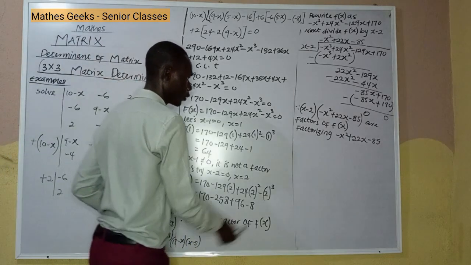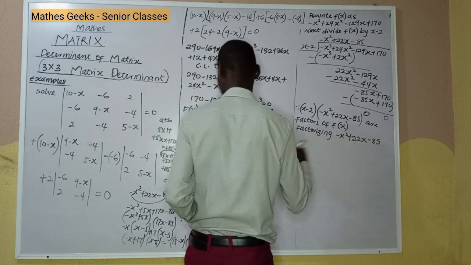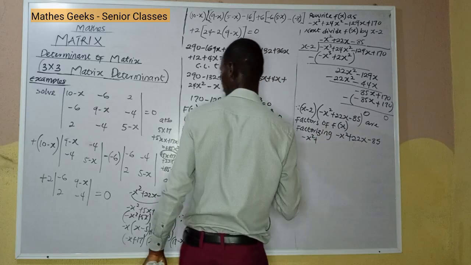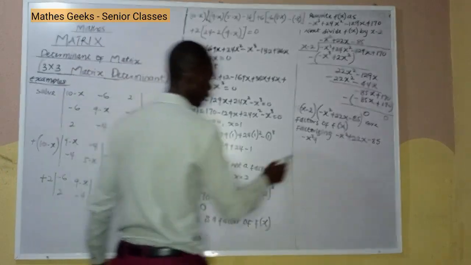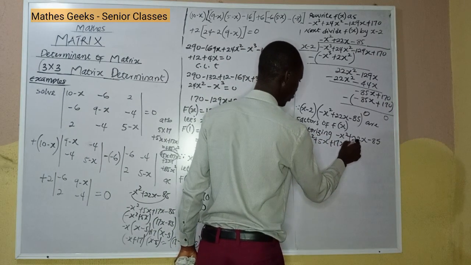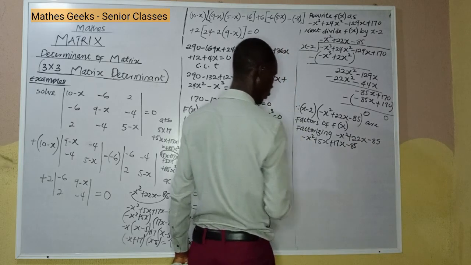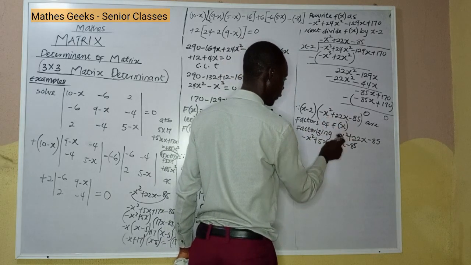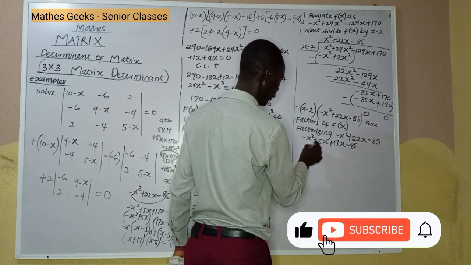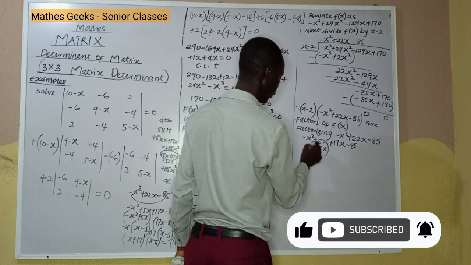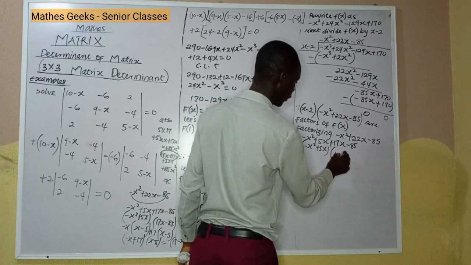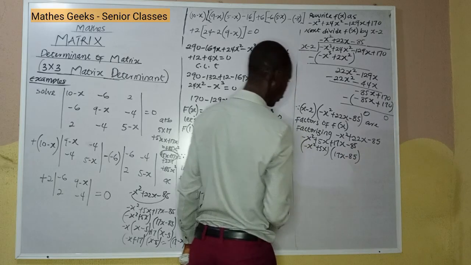So I'm going to put this here. Factorizing again: minus x squared plus 5x plus 17x minus 85. Since we're only factorizing this part, we're not equating to 0. So we have minus x squared plus 5x, and 17x minus 85.